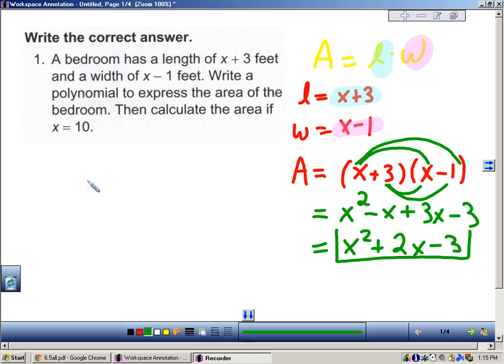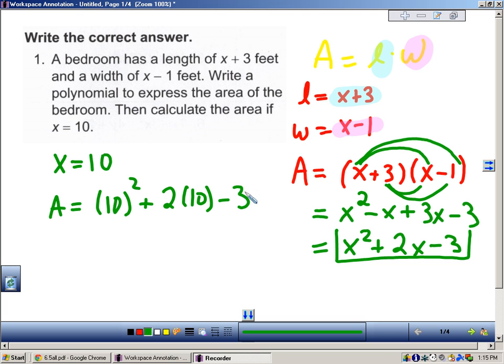Now it says to calculate the area when the value of x is 10. So when x is 10, our area would equal... if you're confused, this value of 10 replaces x.